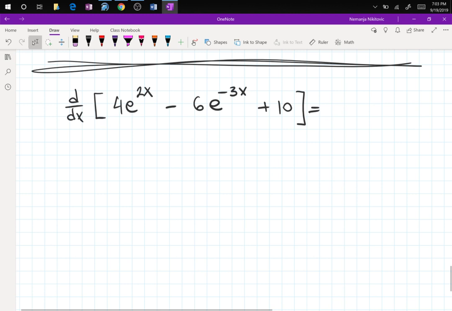Plus 18e to the negative 3x plus 0. Welcome to Calculus 1. Just look at this, you know the answer. So you should use that knowledge.